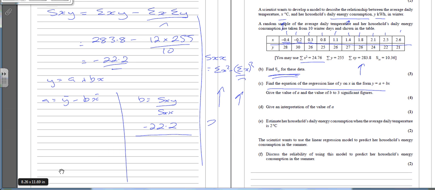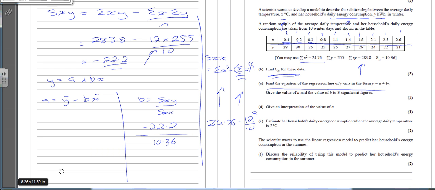And you're told that's 24.76, minus the sum of x, which we said beforehand was 12, square that, and then divide it by 10. So 24.76 minus 144 divided by 10, and we get 10.36.